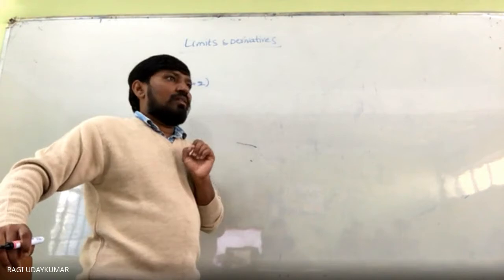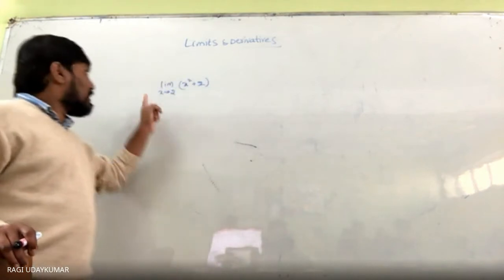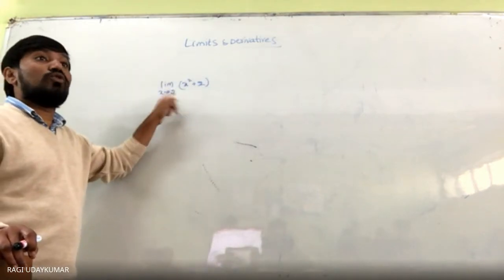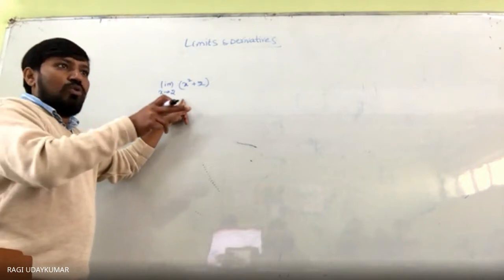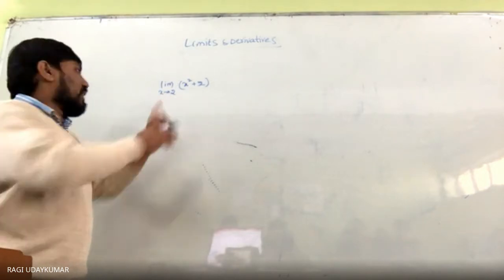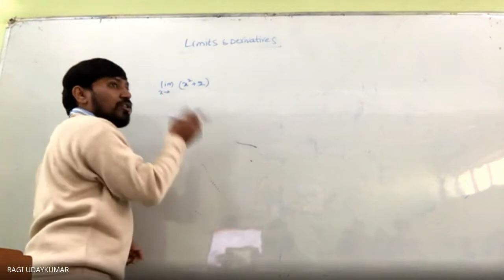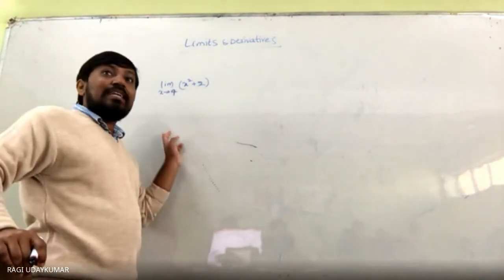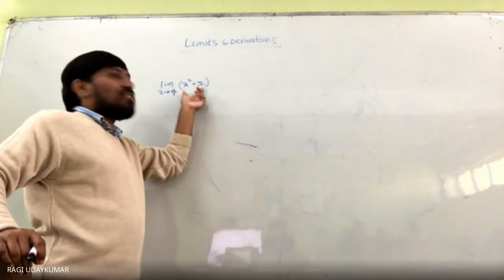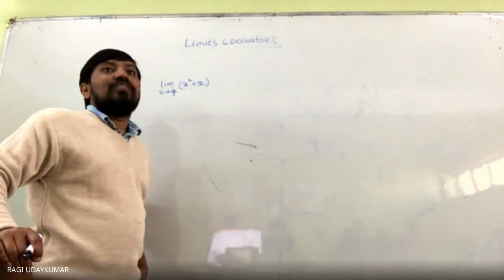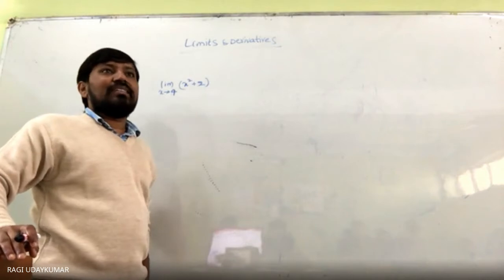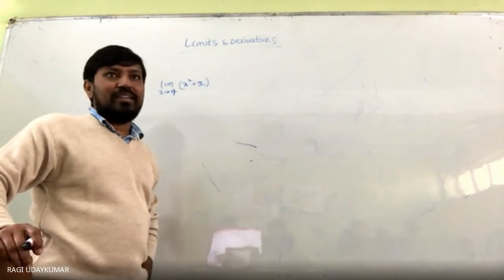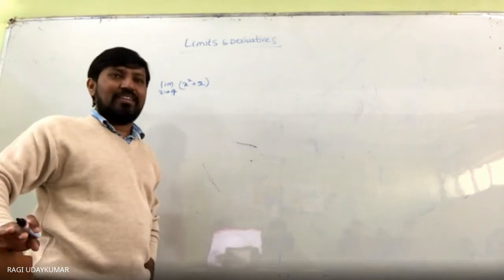That is when x is tending to the number 2. If you get confused, say x tends to 4. If it tends to 4, then what is the value of this? Normally you substitute the value 4 there, and you get 18.